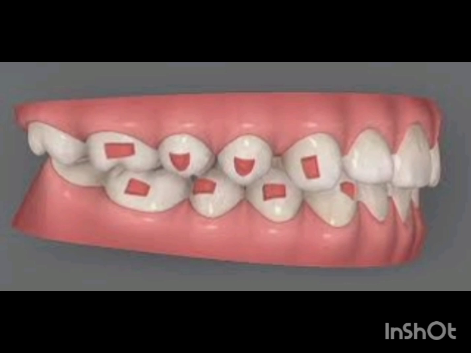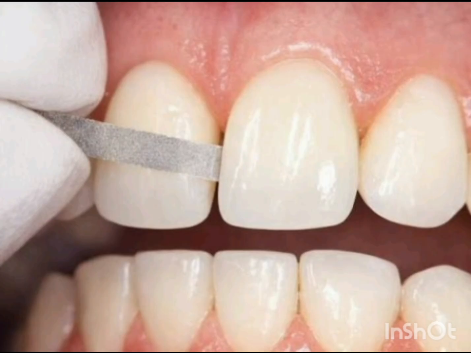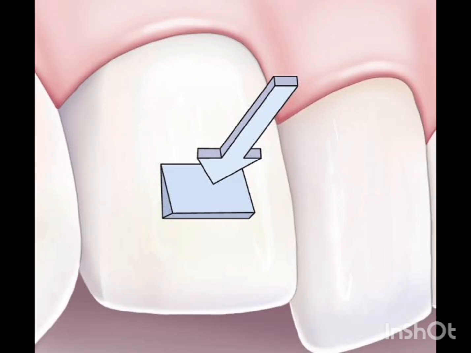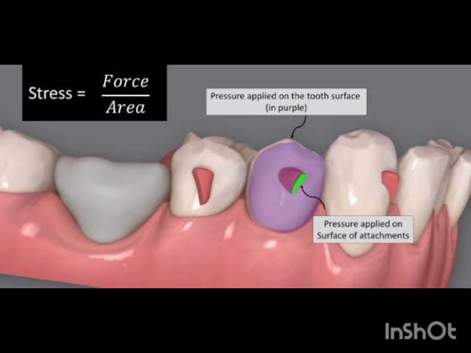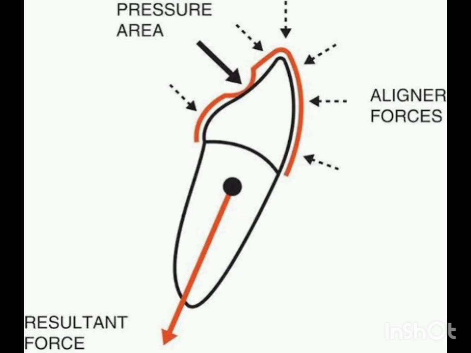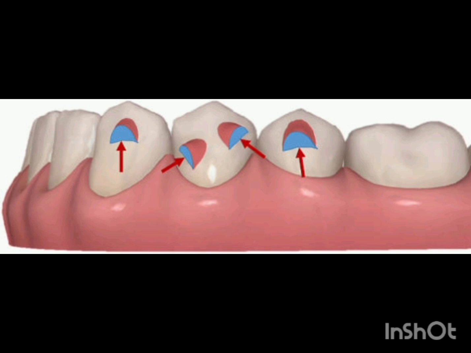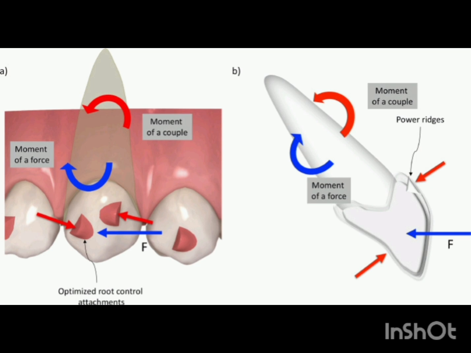How exactly does the aligner generate the force? So when the aligner is fabricated according to the planned position of the teeth, it does not initially fit perfectly when placed over the patient's current dentition. The difference between the current tooth position and the programmed aligner position creates a mismatch. When the patient inserts the aligner, the plastic deforms to adapt to the teeth, and as the material attempts to return towards its original shape, it produces force on the teeth.